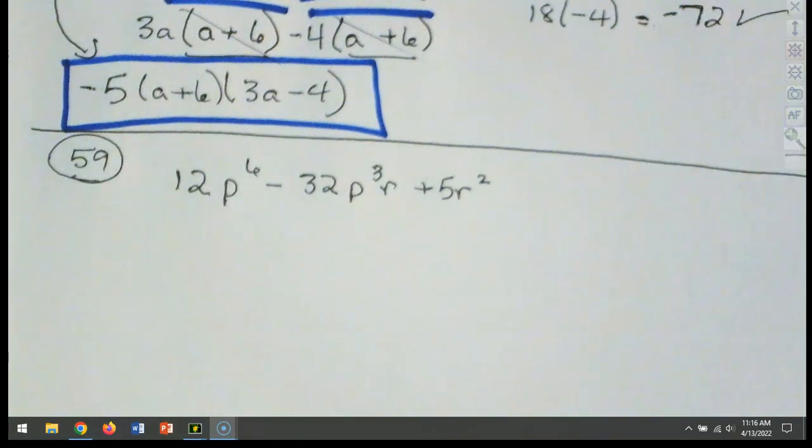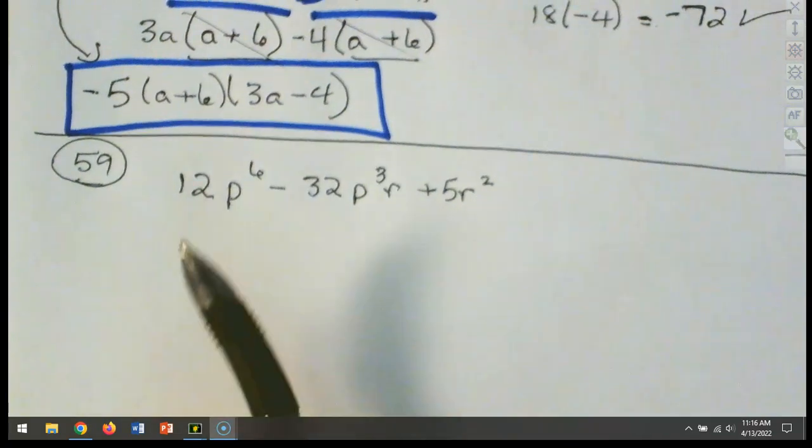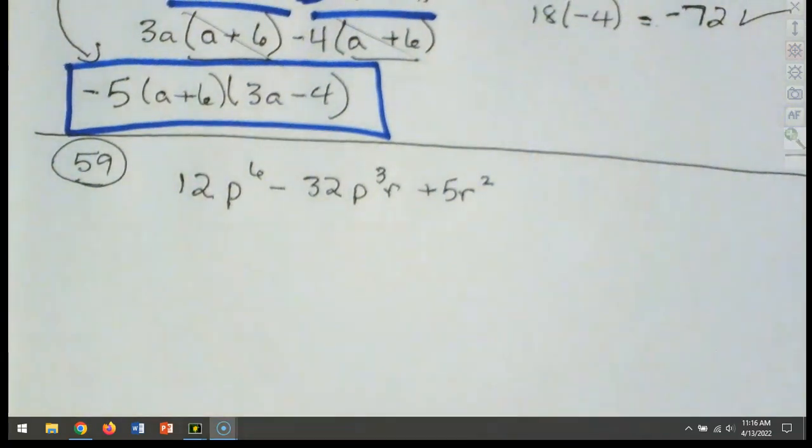First things first, we check and see if anything will come out. And 12, 32, and 5 have nothing in common. This one doesn't have a p and this one doesn't have an r, so nothing is going to come out. It just looks more complicated because of all the powers, but it's not.